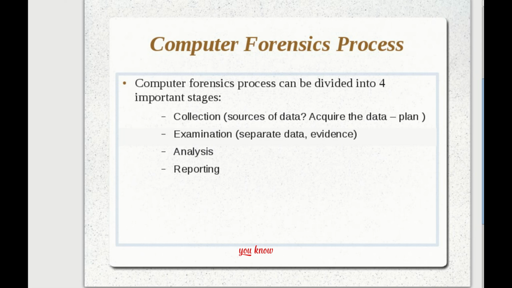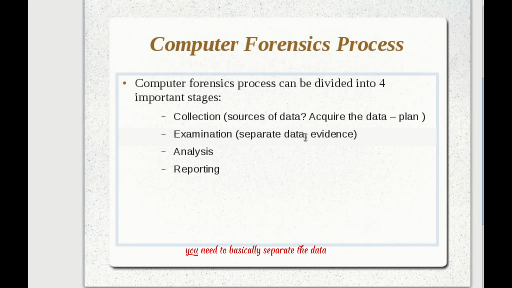An acquired hard drive or storage media may contain hundreds of thousands of data files. Identifying the data files that contain information of interest is key. As I said, you need to separate the data of your interest so that you can get the evidence out of it.